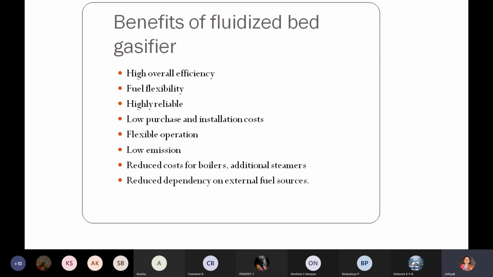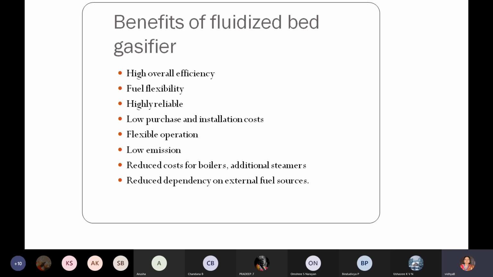Next is fuel flexibility. The fluidized bed gasifier has fuel flexibility and operates satisfactorily with highly variable feed materials.